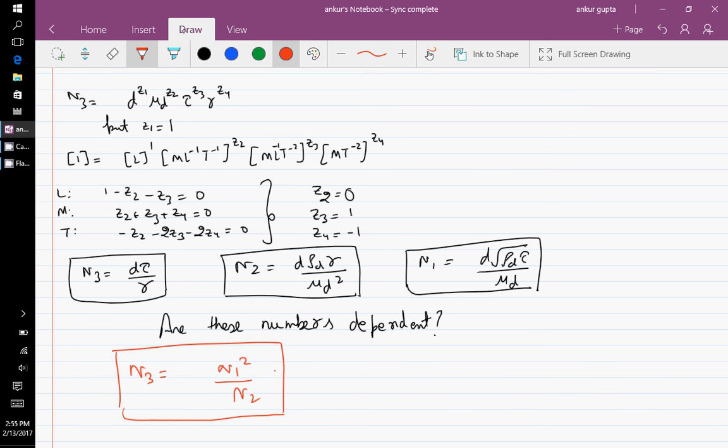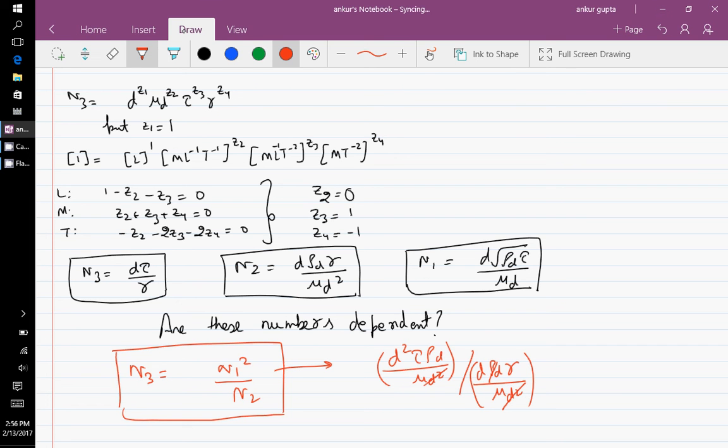Let me just make sure that this is true. So if we have n1 square, that will be d square tau into rho d by mu d square, right? And then n2 would be d into rho d into gamma by mu d square, and then this goes away.